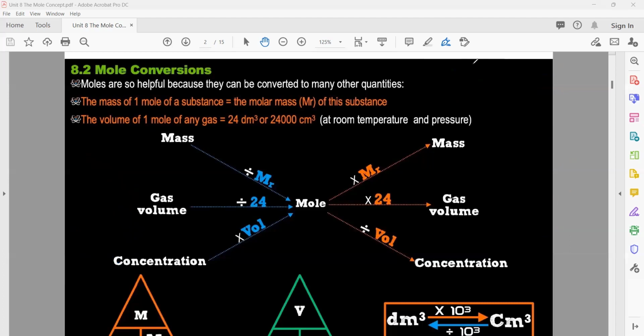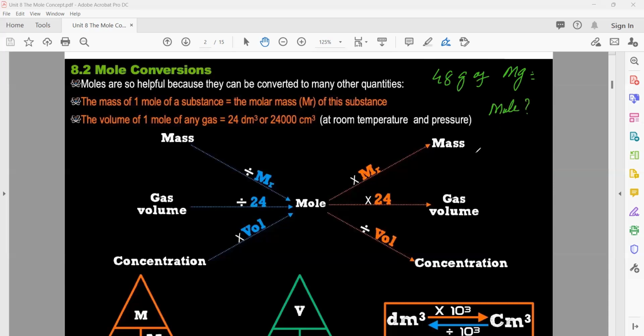Once again, another example I will give you. For example, they have given you 48 grams of magnesium. And what you have to find, how many moles are there of magnesium.